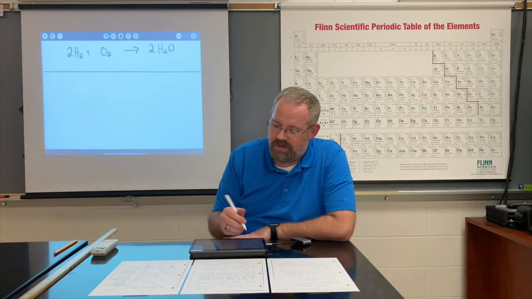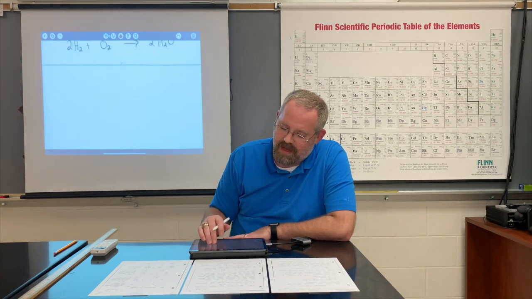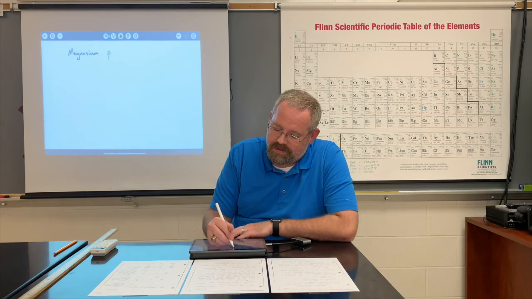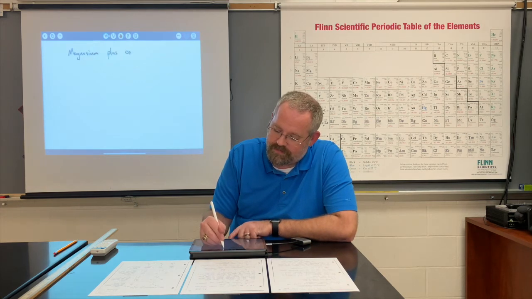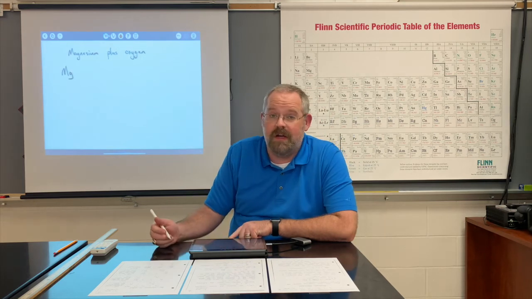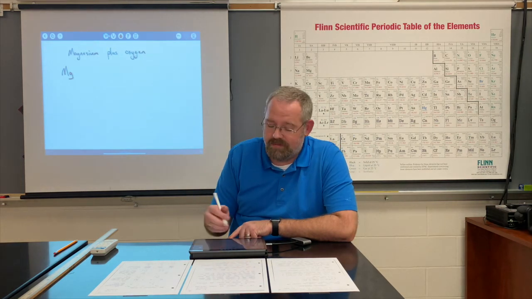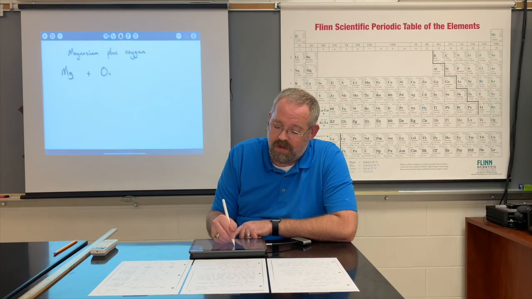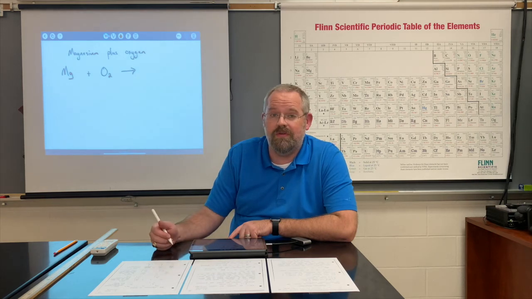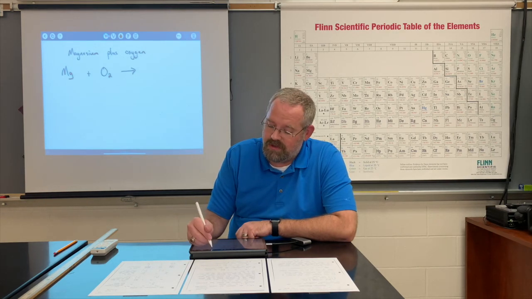Let's do another example. Let's add magnesium plus oxygen. All right, magnesium is not diatomic, so you only have to write it Mg, plus oxygen, which is diatomic, you have to write O2. Now when you put these two things together, you have to use your ionic charges.